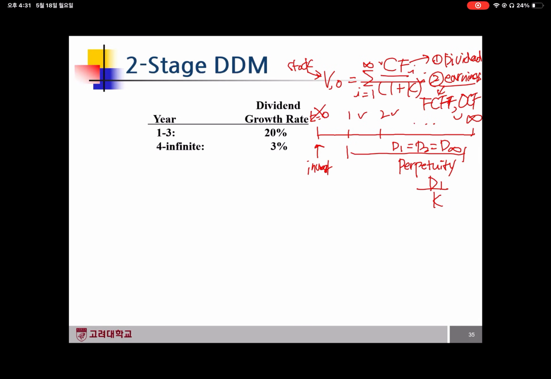Anyway, what if the future dividend payment is not constant and changes? How do we value those dividends?